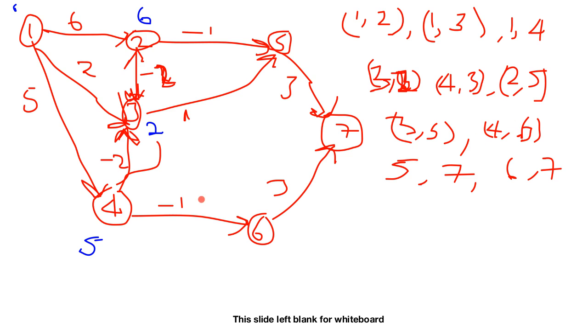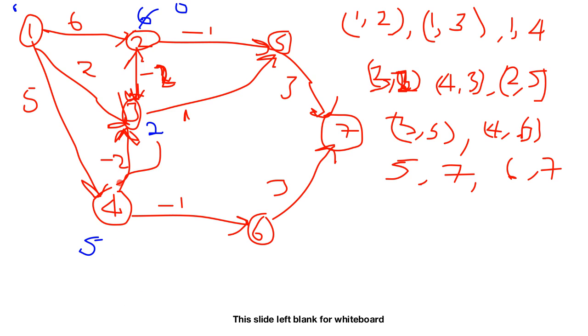Then we have 3, 2, where this is 2 plus this; this minus this becomes 0. But if you look at this, we are moving from 4 to 3 first. 5 minus that becomes 3, so it is retained the same. So this one is retained to be 0.